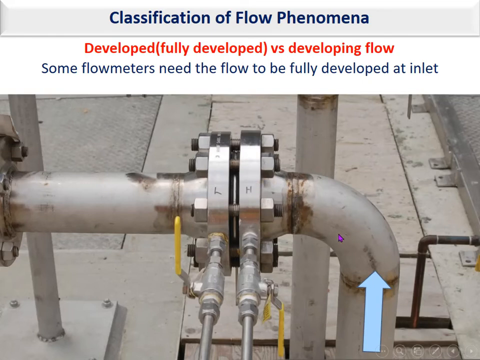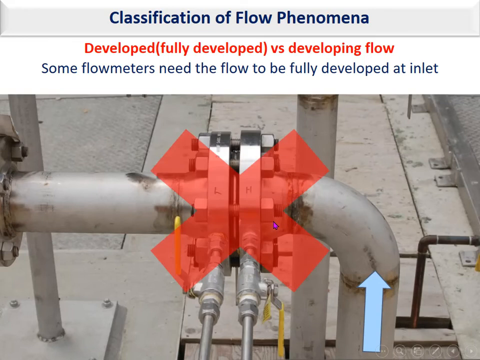But as I discussed before, when you have an elbow like this, the flow here is no longer fully developed. It's a developing flow. So if you use the discharge coefficient which is given in the standards for this installation, it will give you wrong results.